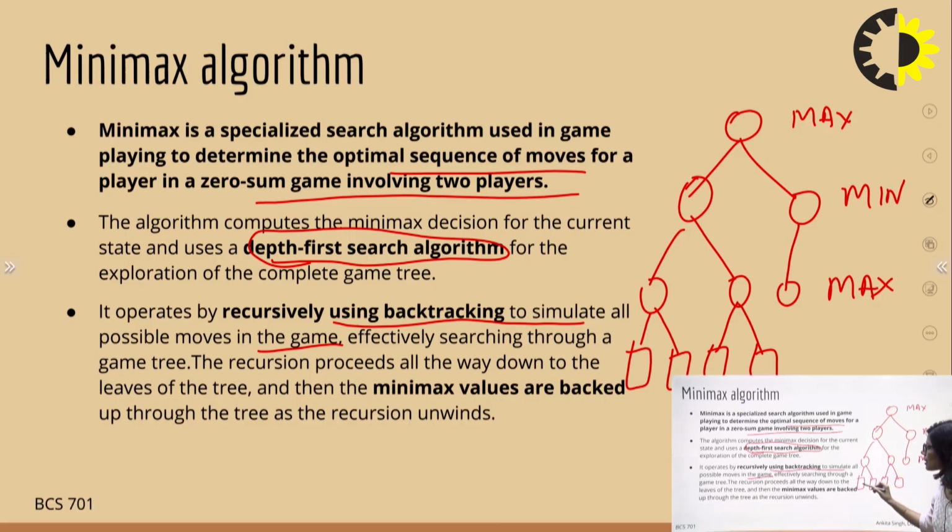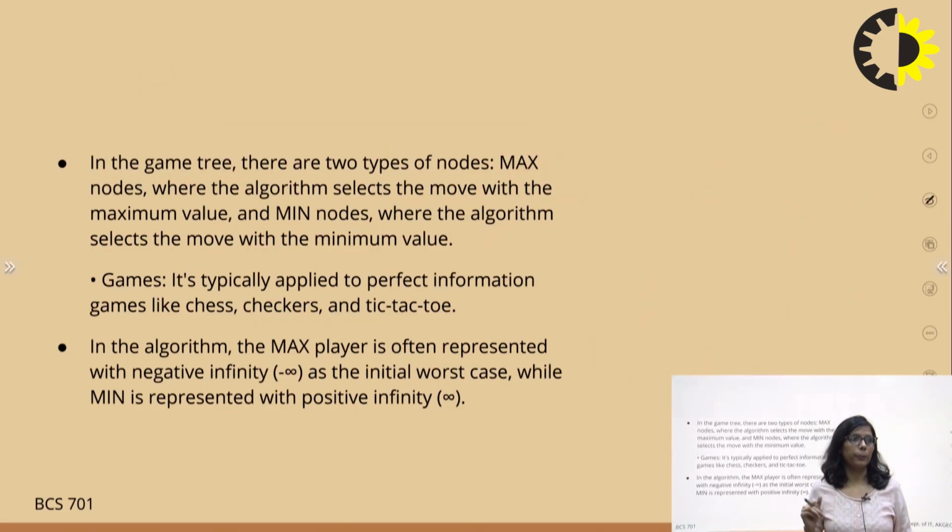So now these are the utility values. Now these values will be backed up with the help of backtracking algorithms so as to find out the sequence of your optimal moves. Because we get to know these utilities only at the end of the game, to find the sequence of optimal moves in advance, we have to back up these values upward so as to find out the optimal path.